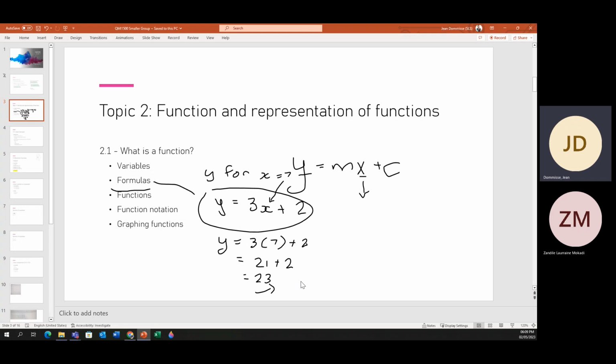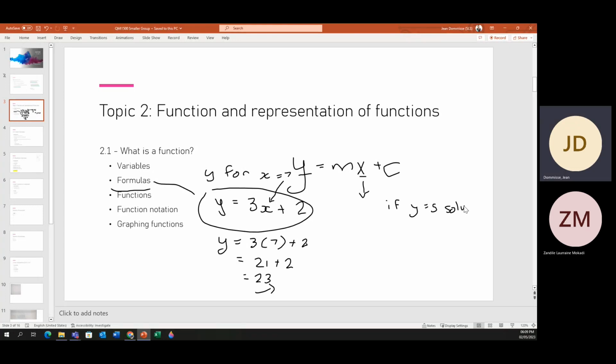They can ask you a few things. They could ask, but if y is 0, what is x? Or let's say if y is equal to 5, solve x.